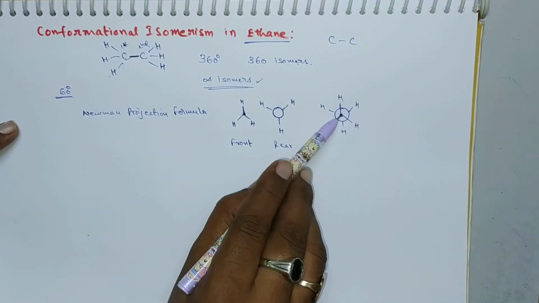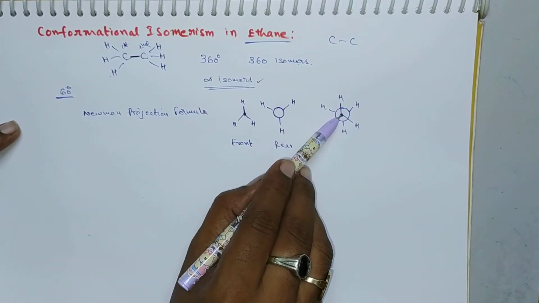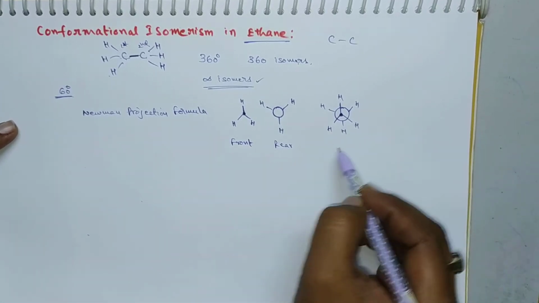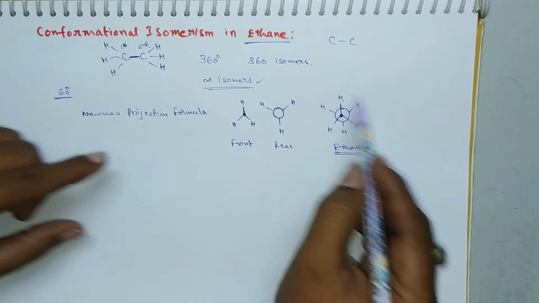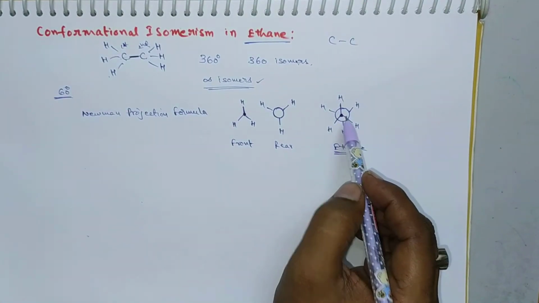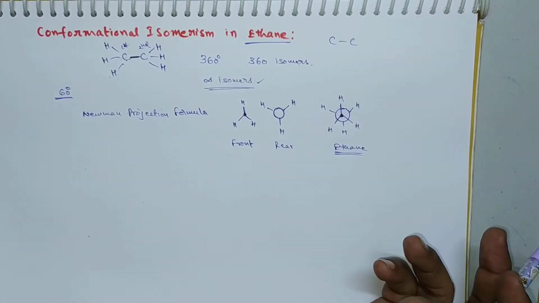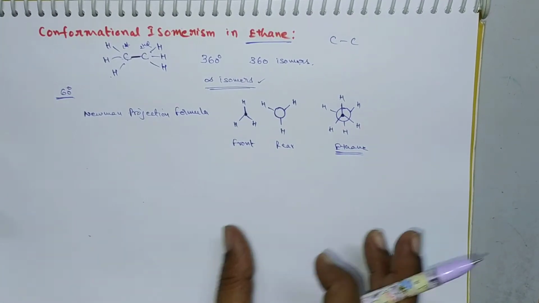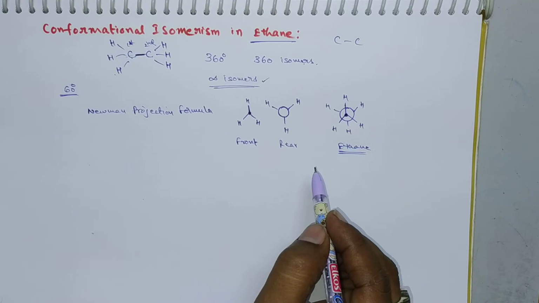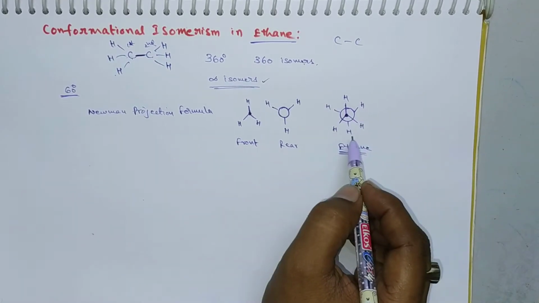So this is the Newman projection formula for ethane. If you observe the rotation in this Newman projection formula, we can easily predict how many types of isomers are observed. Clear? Now let us consider the rotation through 60 degrees.